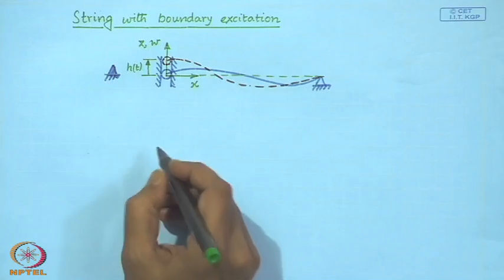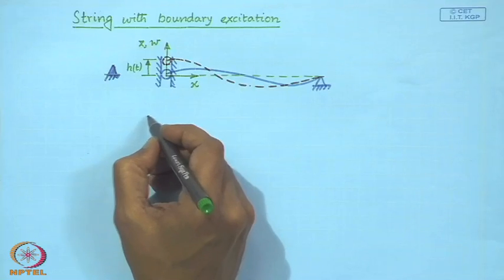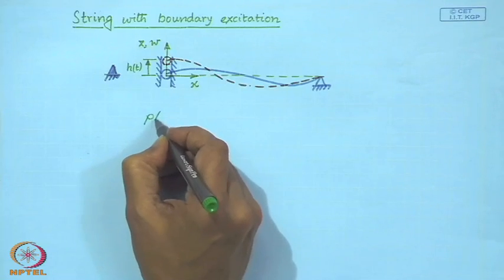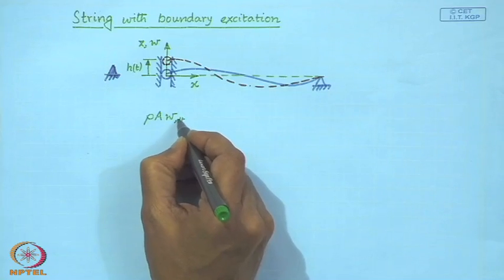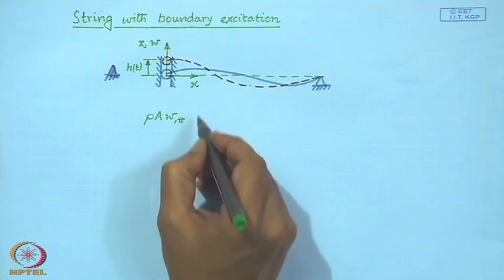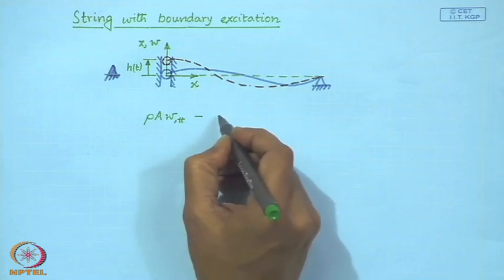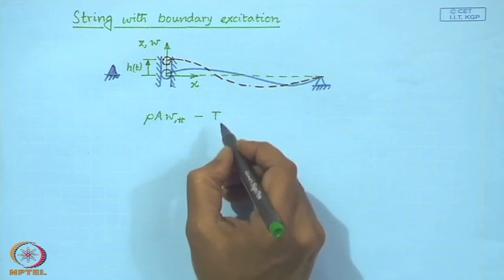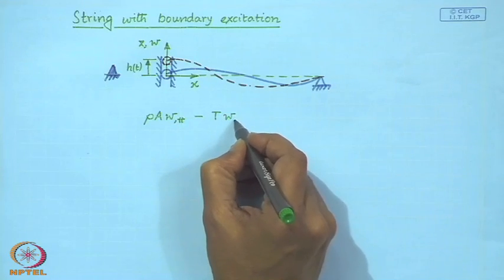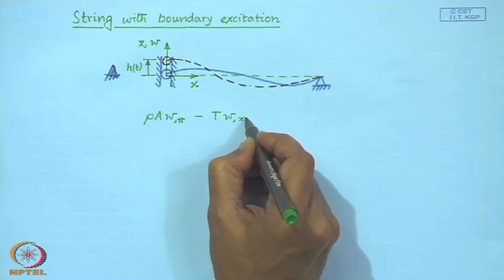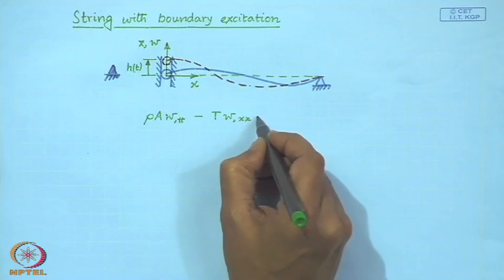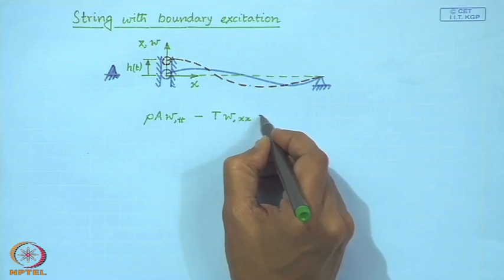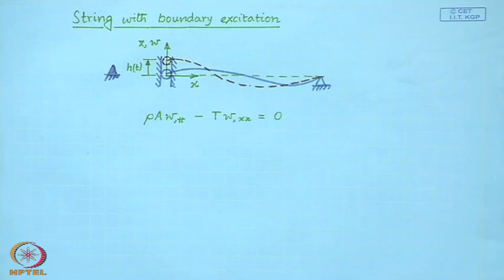So, the equation of motion for the string which is made of a material of density rho, area of cross section A and under tension T, can be written in this manner.